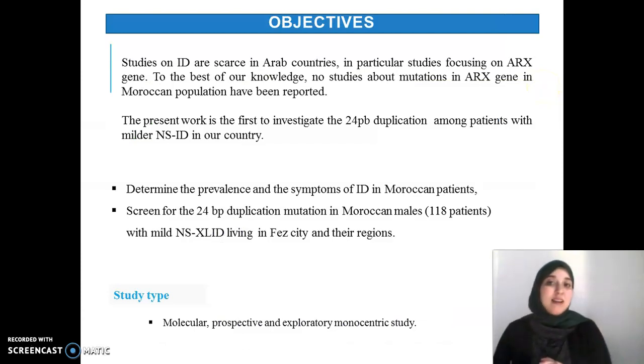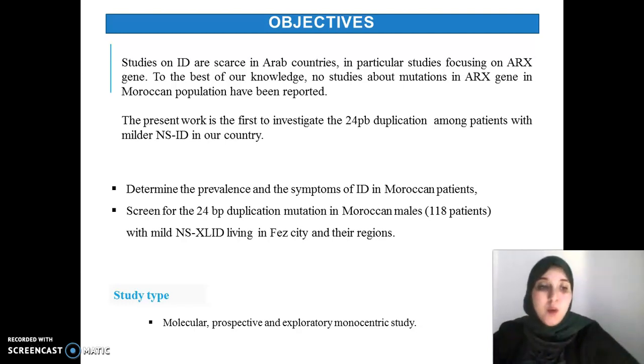Studies on ID are scarce in Arab countries, in particular studies focusing on the ARX gene. To the best of our knowledge, no studies about mutation in the ARX gene in the Moroccan population have been reported. So the present work is the first to investigate the 24 base pair duplication among patients with mild non-syndromic ID in our country.